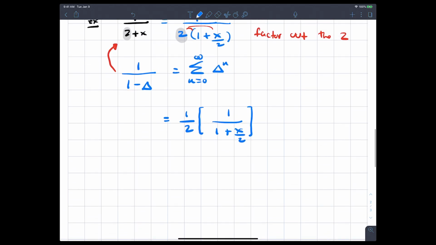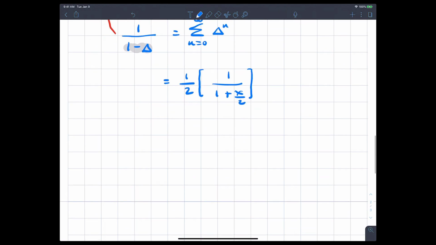And so we're getting closer. It kind of looks like 1 minus that triangle. And it'll be even closer if I focus down here and write this portion as 1 minus a minus x over 2.